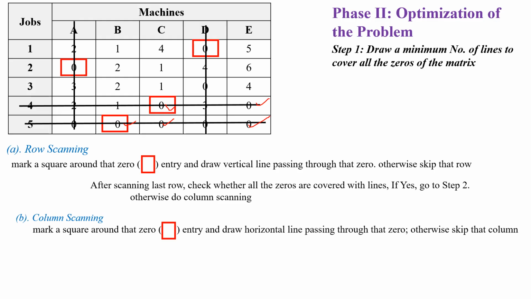The fourth column was already removed by the row scanning, and in the fifth column there are no zeros. After scanning the last column, check whether all the zeros are covered with the lines. Here all the zeros are covered with the lines. Then I have to go for step 2.